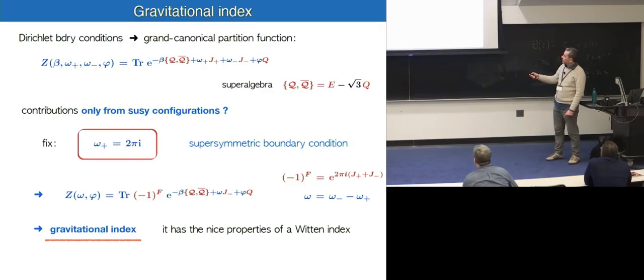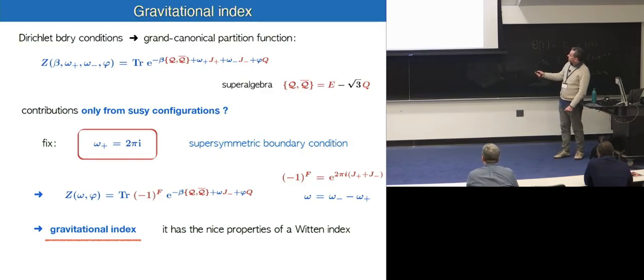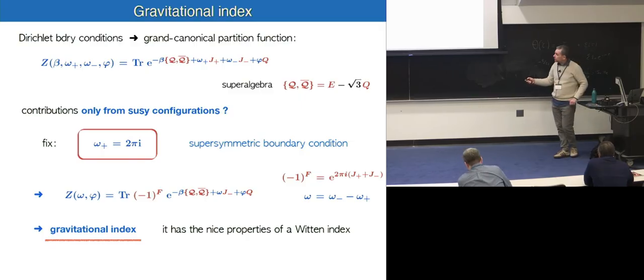However, if we fix one of the angular velocities so that we can trade one of the angular momenta for (-1)^F, where again F is the fermion number, then formally this trace becomes a Witten index, precisely of the form that I introduced at the beginning.